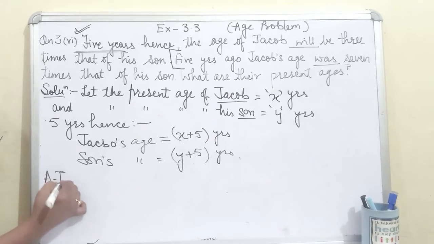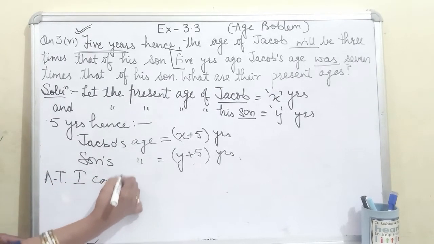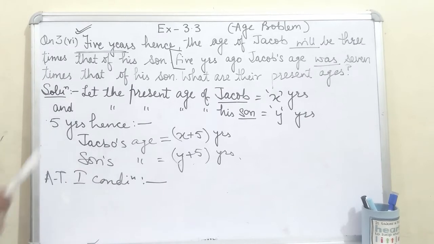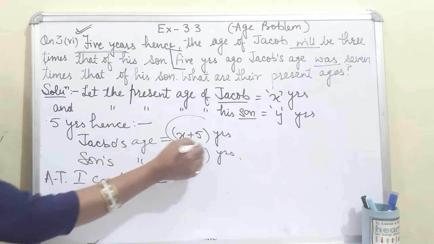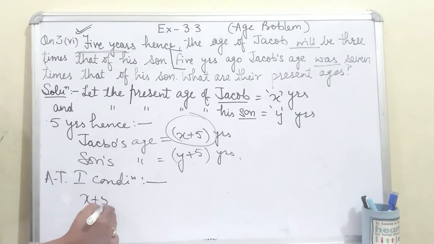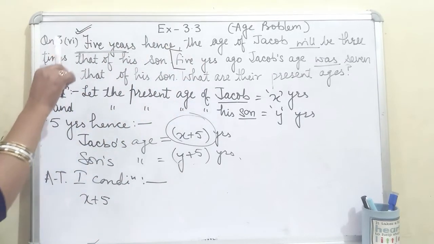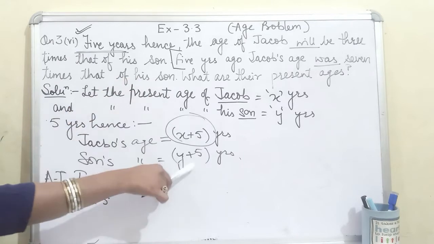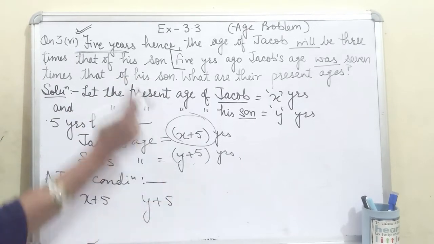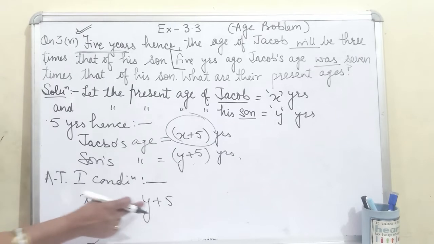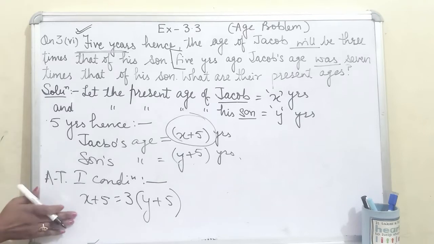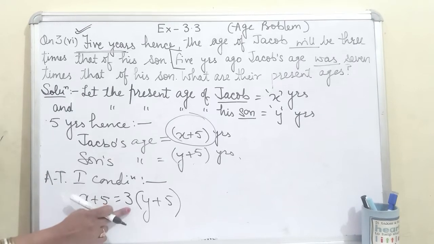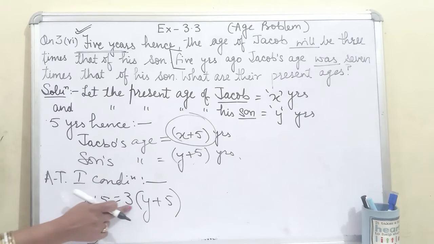Now according to the first condition, 5 years hence, the age of Jacob, that means X plus 5, will be 3 times that of his son. Son is Y plus 5. Are you clear with the condition? 3 times means you have to find out the product. 3 times the age of his son.